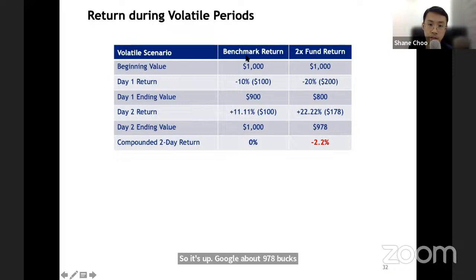So you see, even though the benchmark return goes back to the same price, let's say FBM KLCI drops from 1,004 to 1,350 and goes back to 1,004, the leverage fund would lose money. It's down 2.2%, so it cannot get back to the break-even level.